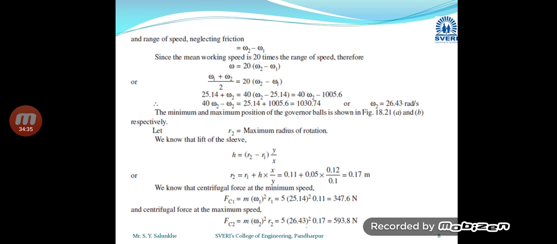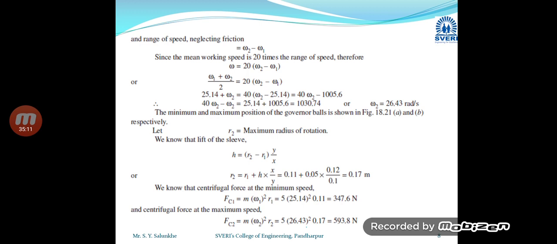Omega 1 plus omega 2 is equal to 40 into (omega 2 minus omega 1), because 2 has been taken to the other side, it becomes 20 multiplied by 2, that is 40. The equation becomes 40 into bracket omega 2 minus 25.14, and that becomes 40 omega 2 minus 1005.6. This equation is in omega 2 only.